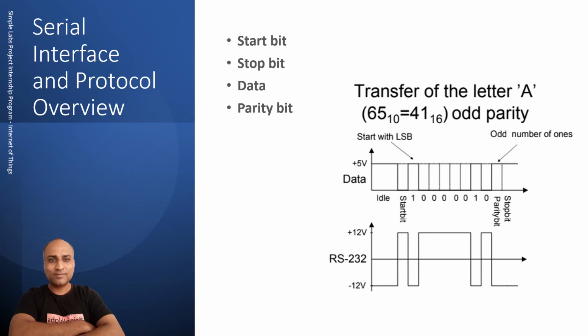And then there are the data bits, which are the 8 bits of data. And then you have the parity bit. We'll come to what the parity bit is. And then there is a stop bit. So start bit, stop bit, data bits and parity bit. All these are constituents of a packet. So all these define what is sent out from one system to another.